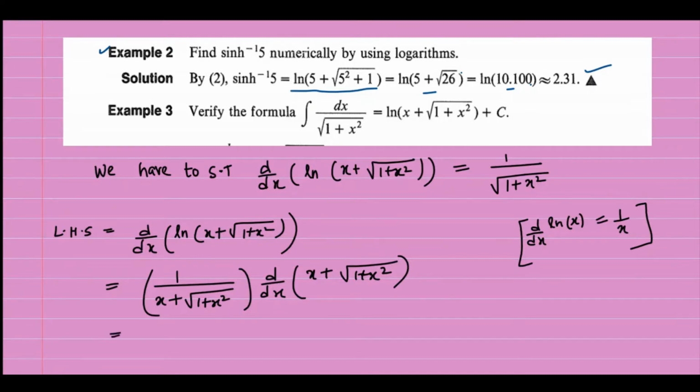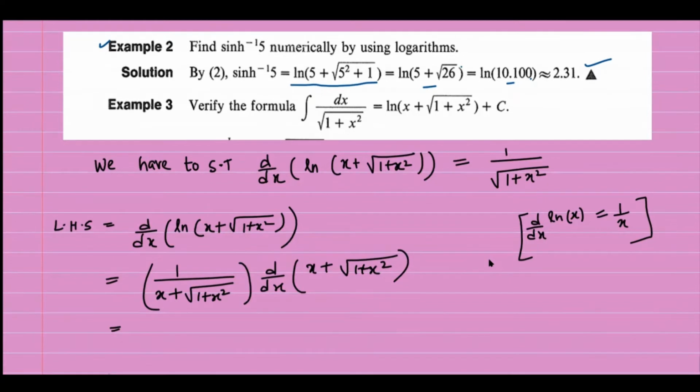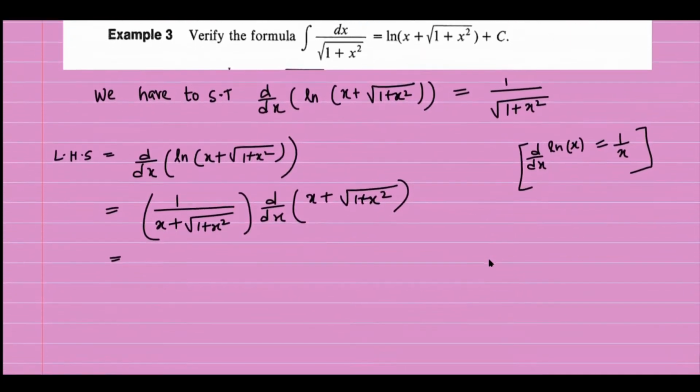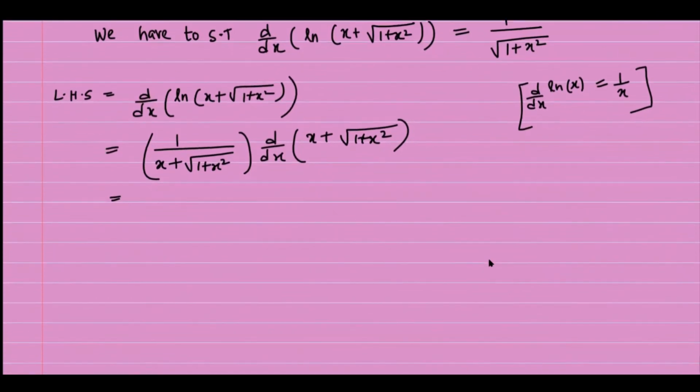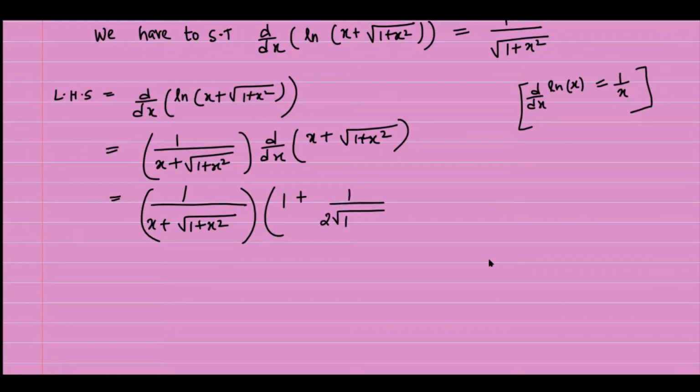So it is equal to 1 by x plus square root of 1 plus x square into, derivative of x is 1, plus derivative of square root of 1 plus x square, so it is 1 by 2 square root of 1 plus x square into derivative of 1 plus x square, so it is 2x.